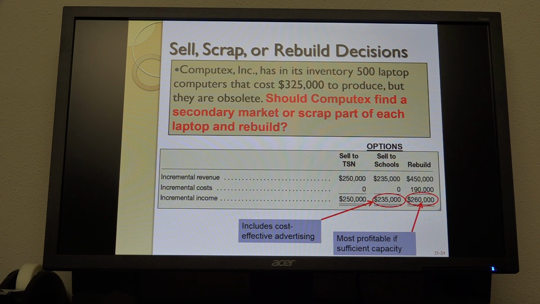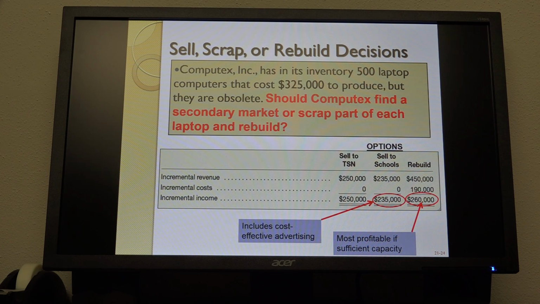And then last but not least, they have an option to rebuild the obsolete laptops and turn around and sell them for $450,000, and it's going to cost them $190,000 in incremental cost to rebuild these laptops.